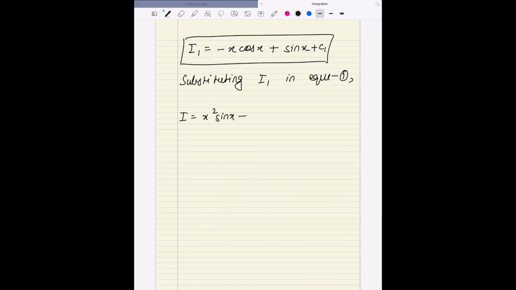So we had minus 2 I1, right? So we'll do minus 2, put a bracket, minus x cos x plus sin x plus c1, or I equals x square sin x minus 2. If I expand, okay, I'll not expand it, I'll let it be.